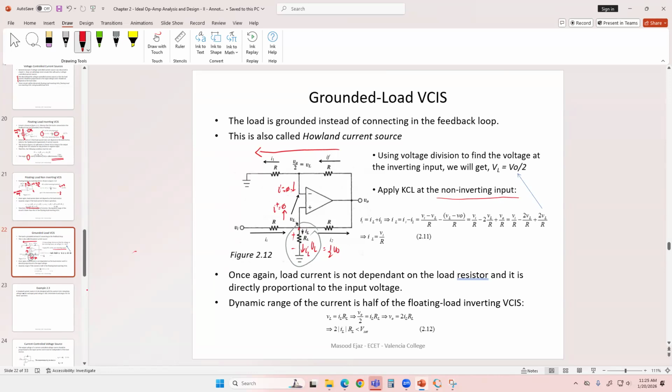And since we have to find the relationship of IL, we write down IL is equal to I1 minus I2. I1 using Ohm's law is going to be what?